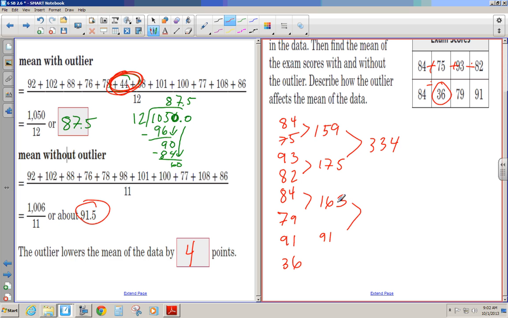When you add these numbers together, 254. Add those numbers together. So 588 is without the outlier, plus 36.